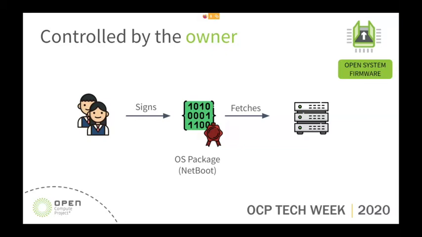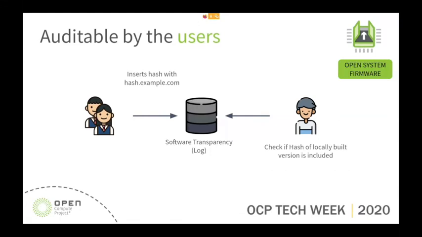Once this OS package gets generated by the tooling, which is also open source, the hash value needs to be appended to an append-only transparency log. For that, we piggyback on the Let's Encrypt certificate transparency log.